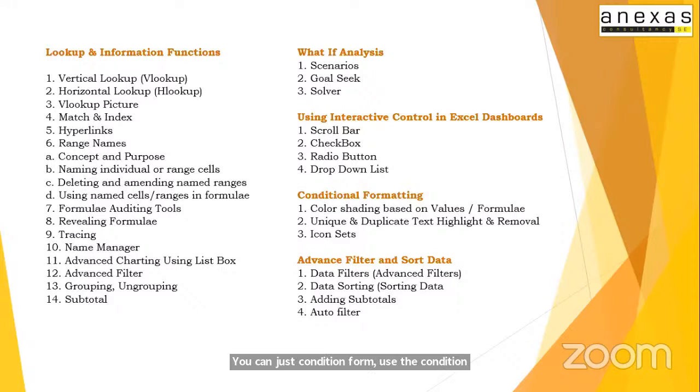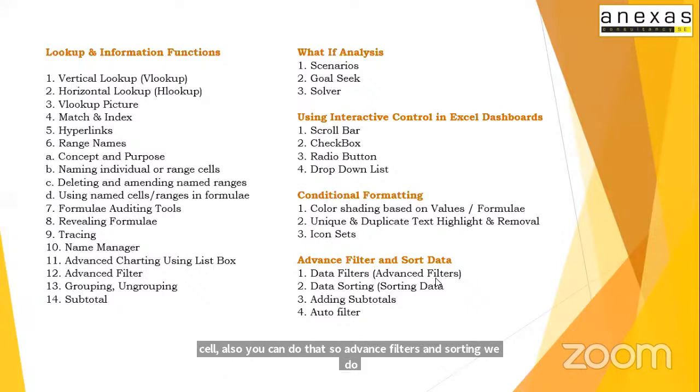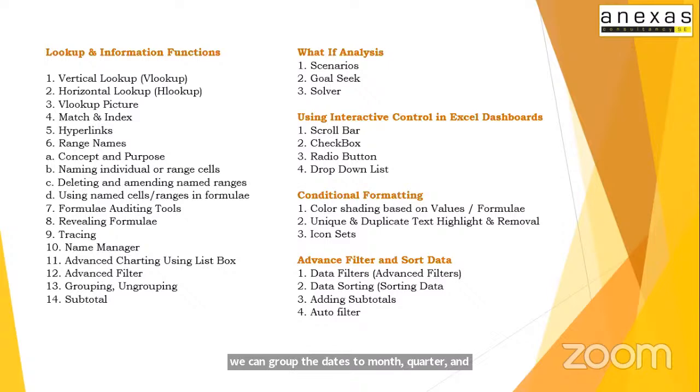Not only text contains or greater than, less than, which you would have used, right? Even that, you can decide based on the other cell also. So with advanced filters and sorting, we can group the dates into month, quarter and all in the grouping sections. That will be explained to you.